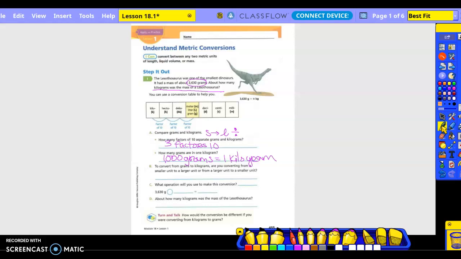To convert from grams to kilograms, are you converting from a smaller unit? Oh, I didn't see that they were going to ask us that. So we already answered that up here, right? So 3,630 grams. And then what did we say we would do? Divide by what? 10 to the third power, which is 1,000. So I'm going to come down here and loop 1, 2, 3 places to the left, right?